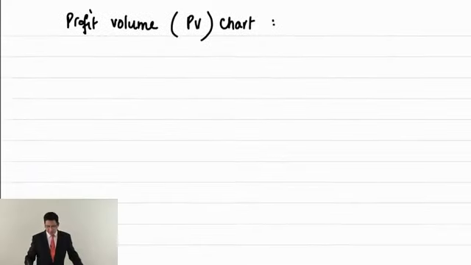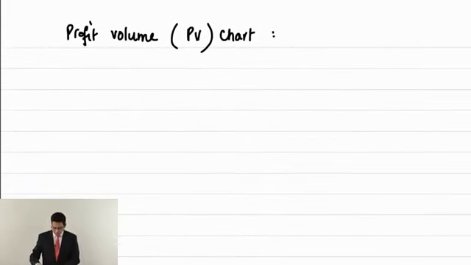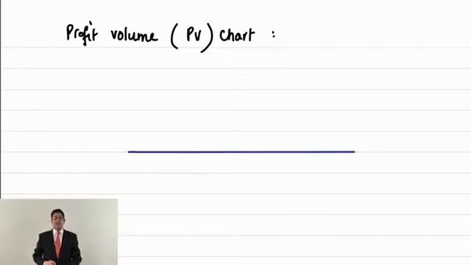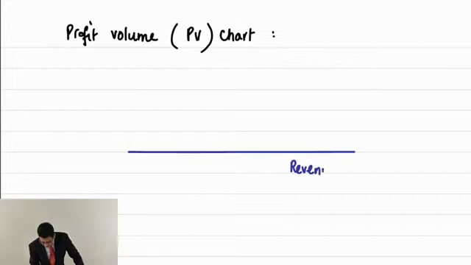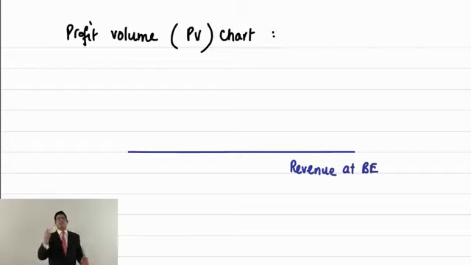So what we do is, this horizontal line becomes our new x-axis, and that goes through the break-even chart. Because it goes through the break-even point, it is called sales or revenue at break-even. That break-even can be anywhere on this line.